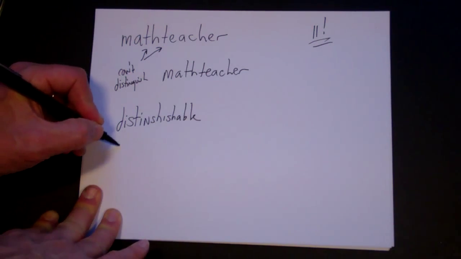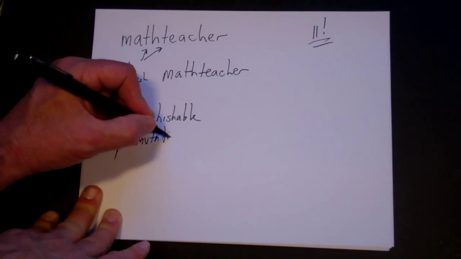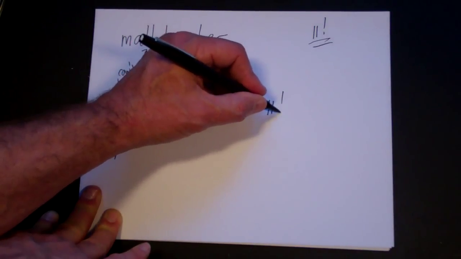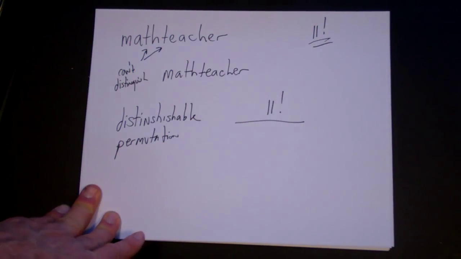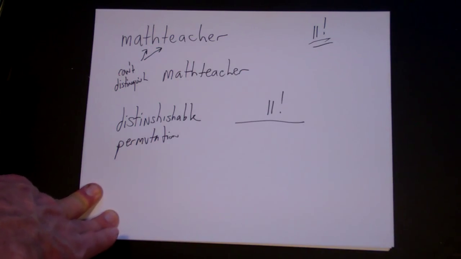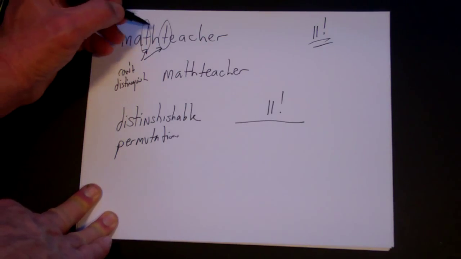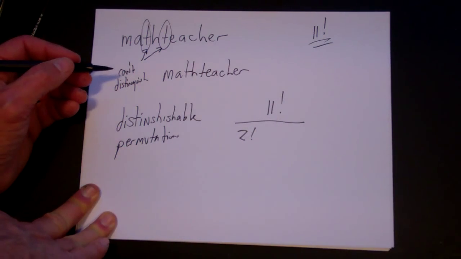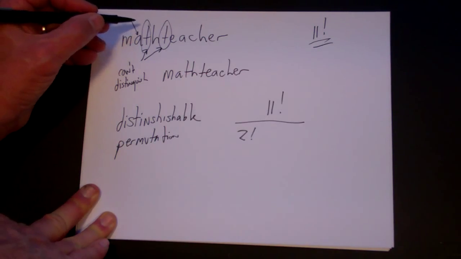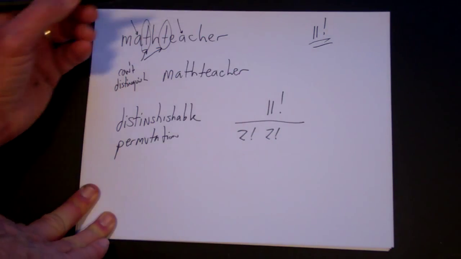The answer is pretty simple. At the top would just be 11 factorial, because that's the rearrangements, but then you have to divide by how many letters repeat. Let's look at which letters repeat. We already said the T's repeat. There are 2 repeating T's, so you divide by 2 factorial. Is there any other letters that repeat? There's an A and an A, so that's 2 factorial.